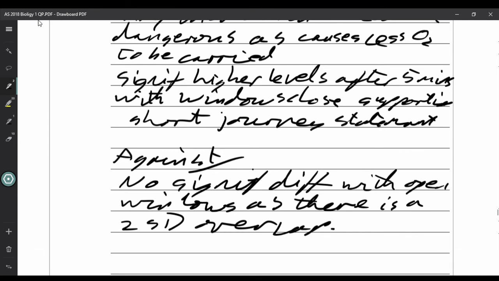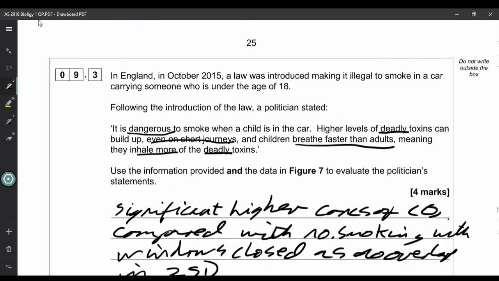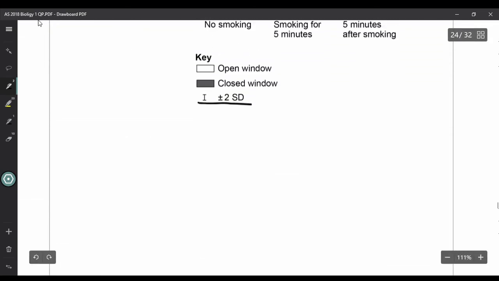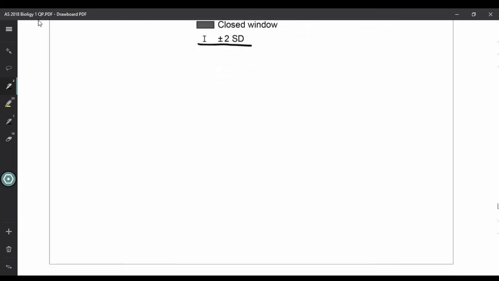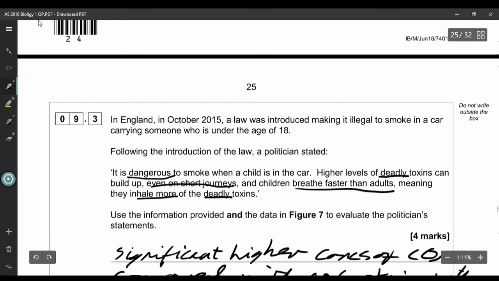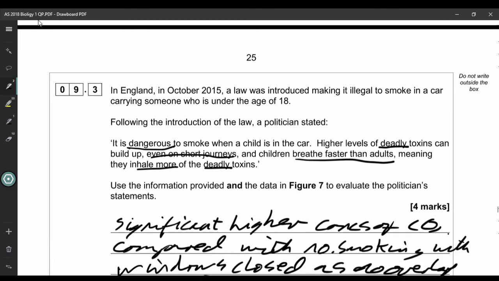And we can also, if we go back to the table, the types of concentrations we're talking about are between 4 and 5 parts per million. Okay, now in the statement he said they're dangerous, and they are dangerous because we know what carbon monoxide does, but he said that they're deadly toxins.